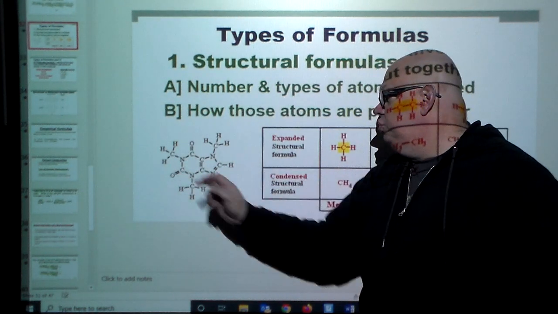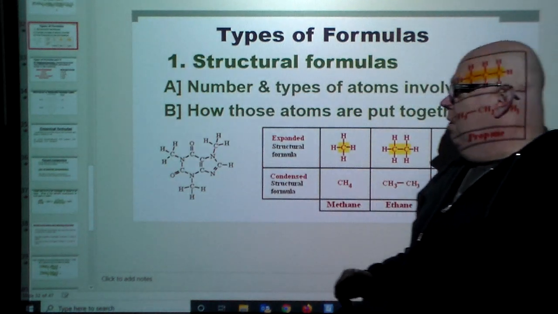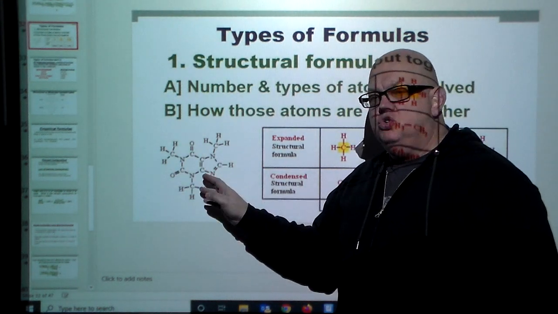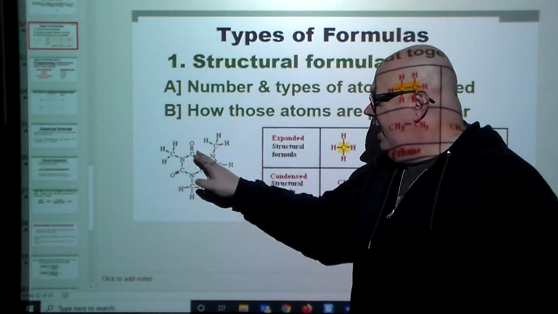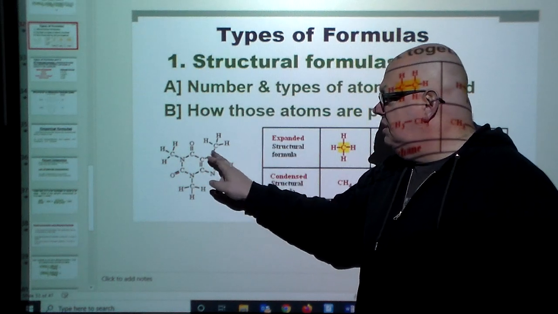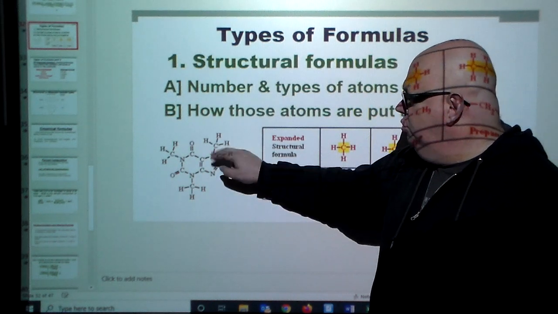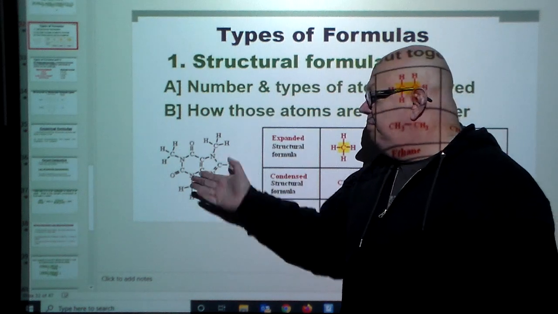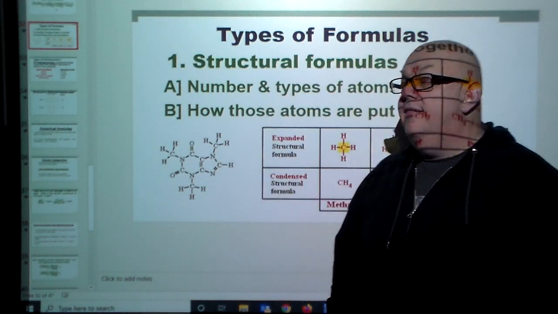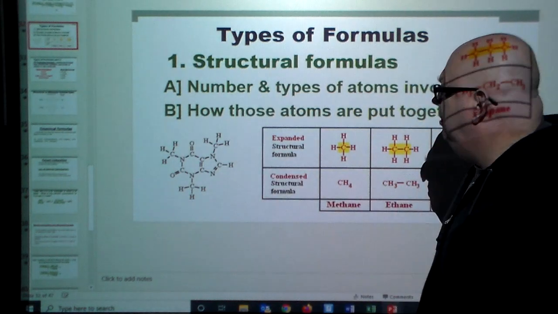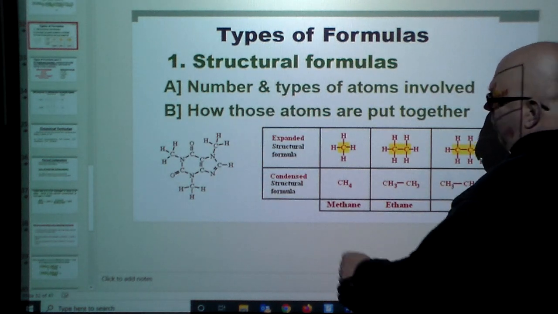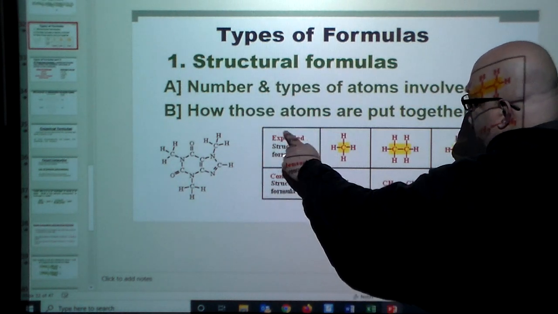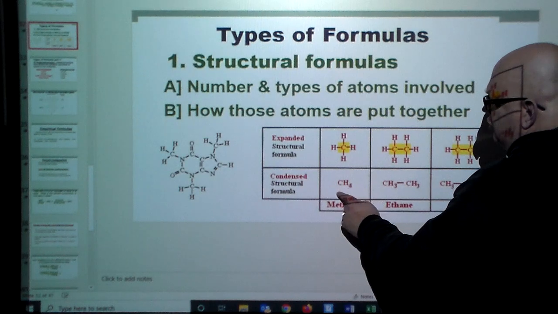This is a structural formula. Okay, so we have an idea what the structure looks like. We've got a hexagon here, we have a pentagon here, we have a few double bonds there, but we have pretty much a lot of single bonds in there. That's a structural formula.